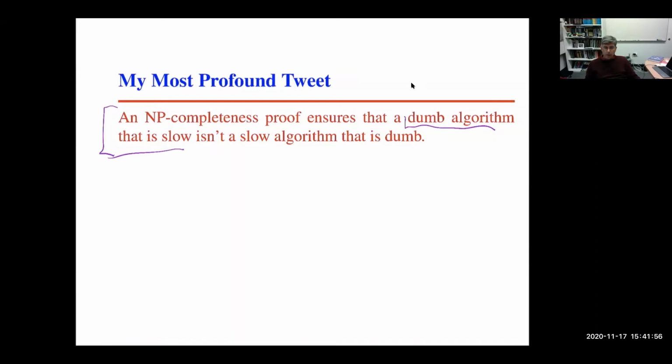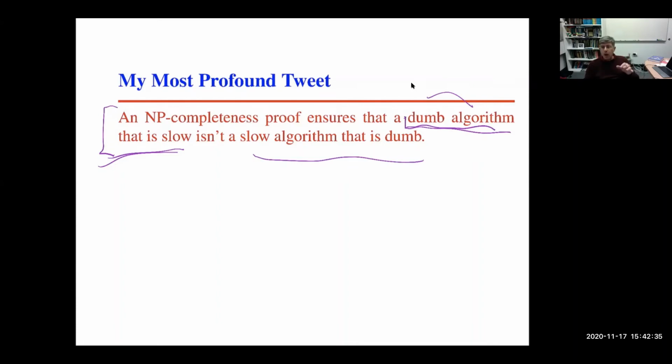A dumb algorithm that is slow is a simple algorithm like backtracking that happens to be slow. A slow algorithm that is dumb is an algorithm where you are spending much, much more time than you should be spending. If I have a slow algorithm on a hard problem, that's not dumb.